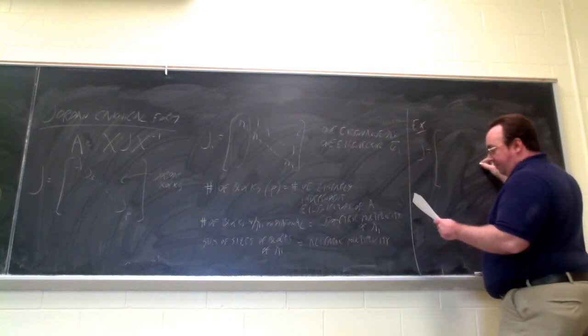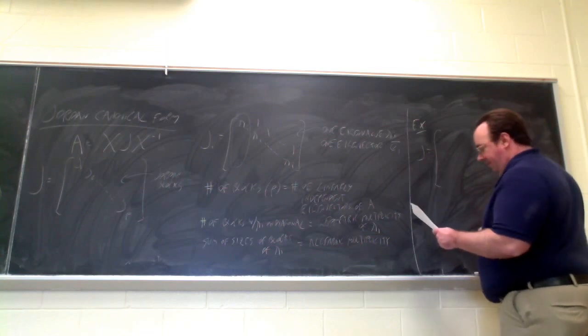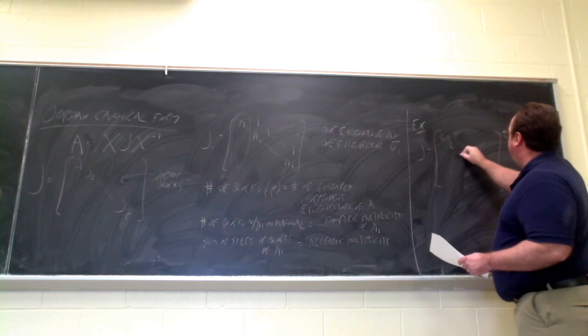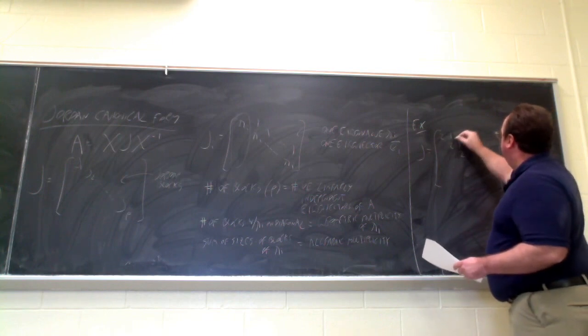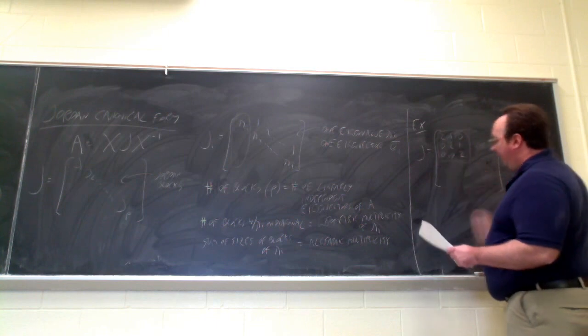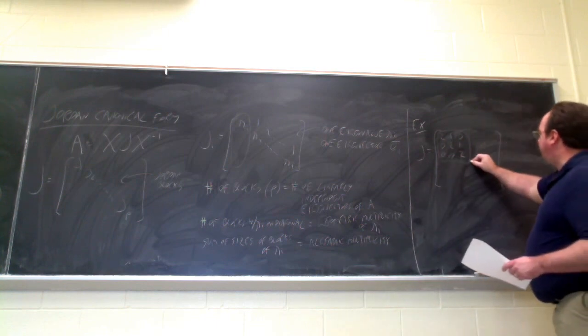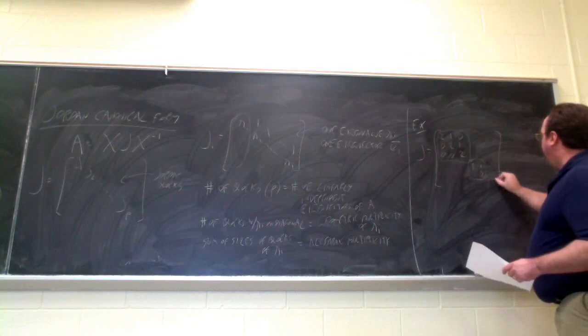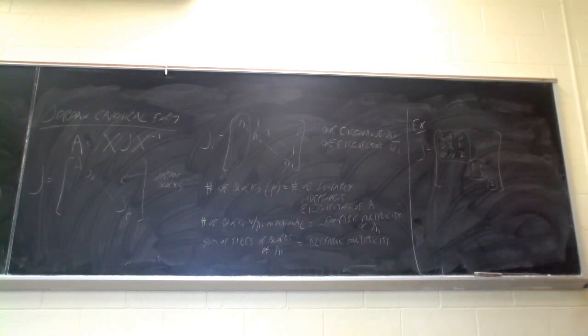Okay. So let me give you an example of a Jordan form that has 3 Jordan blocks. First we have a 3 by 3 Jordan block with eigenvalue 2. And then we have a 2 by 2 block with eigenvalue 3. And then a 1 by 1 block with eigenvalue 2.